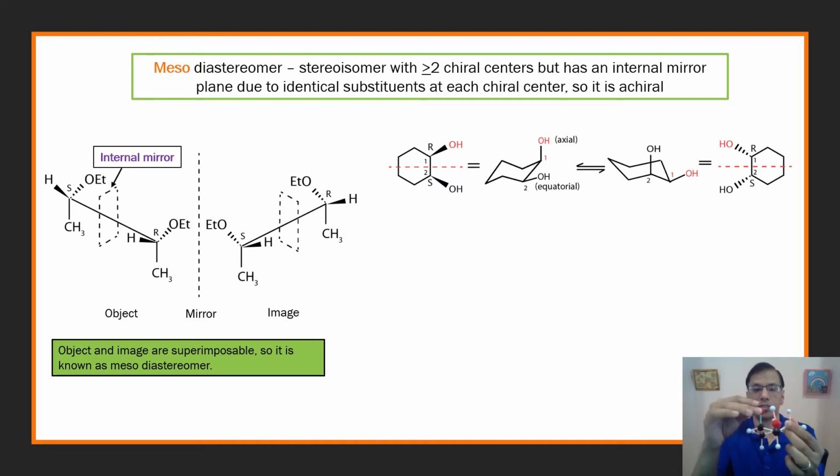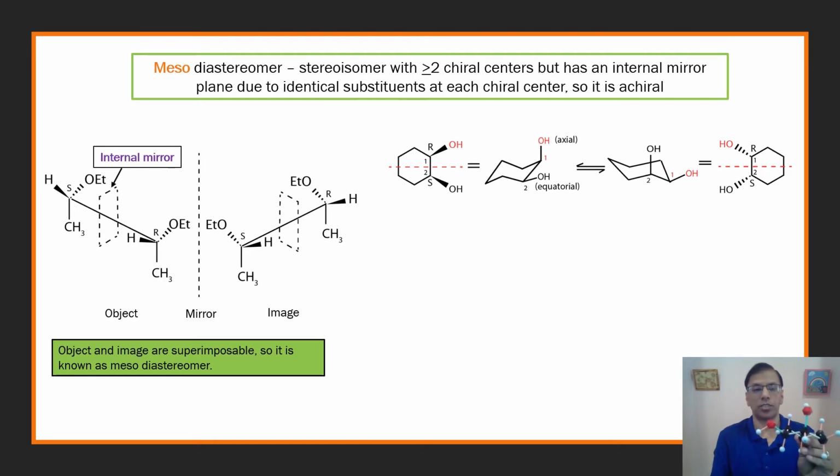This is one OH group, this is another. So we have two OH groups, and they are on carbon atoms 1 and 2. They are on the same side of the plane of the ring, and they are on the top face. So they are cis.